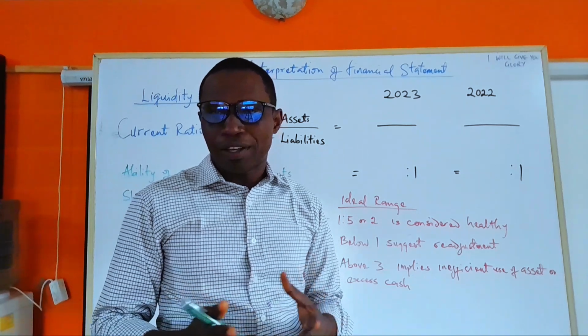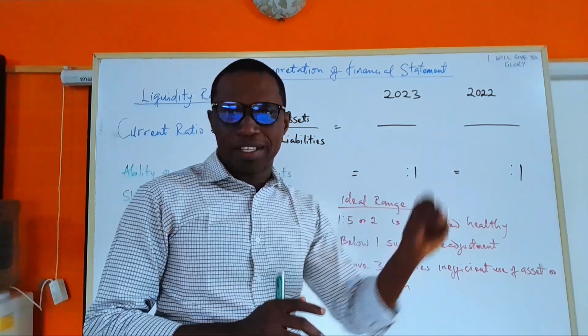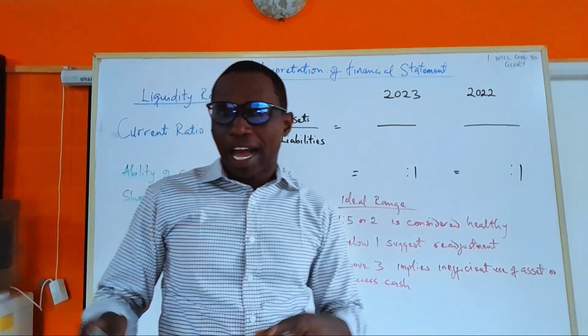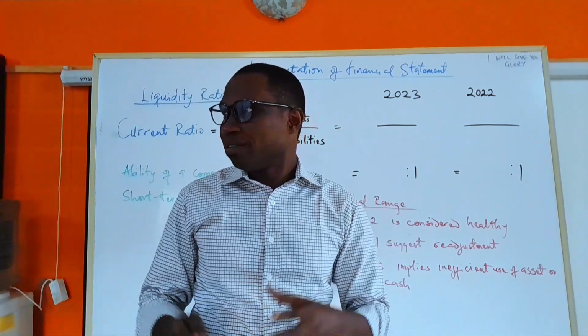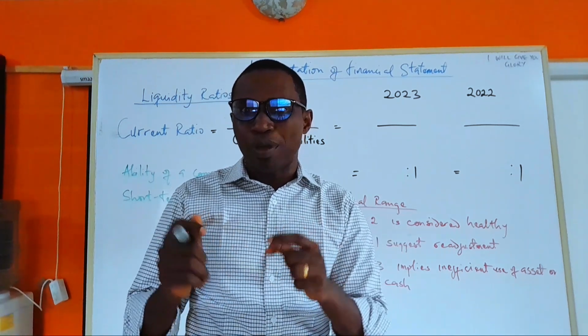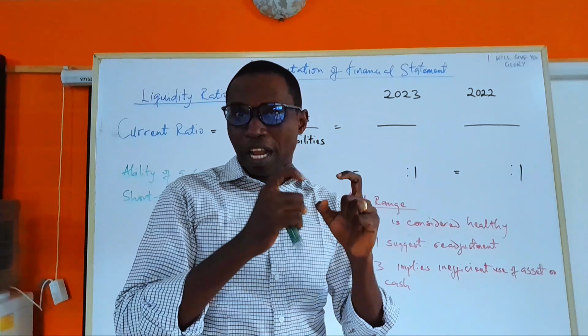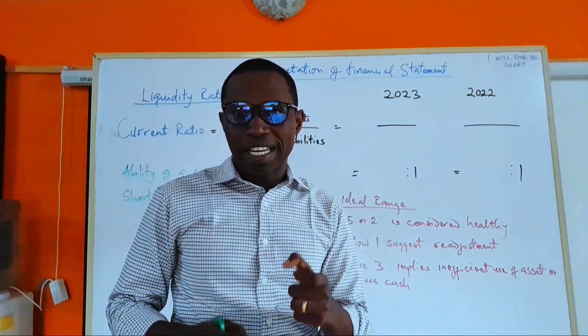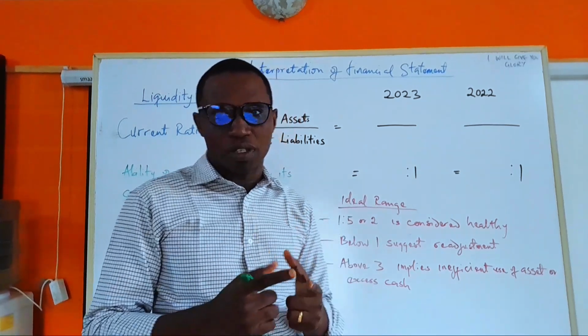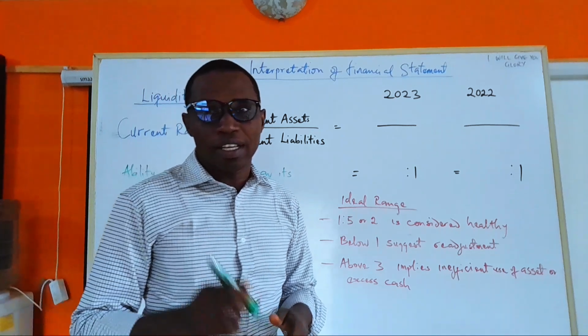Those are examples of current assets. While current liabilities are short-term liabilities: every liability that will be settled or paid back within a year, within 12 months.